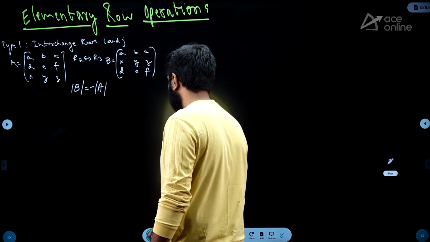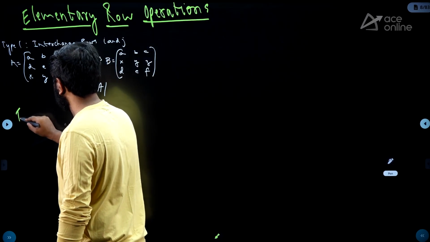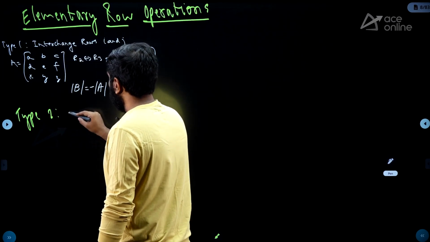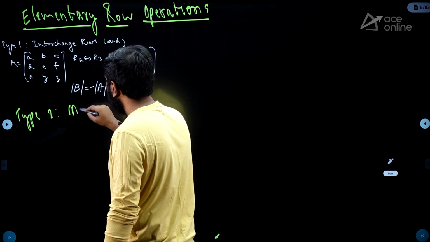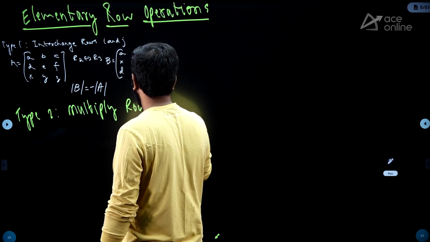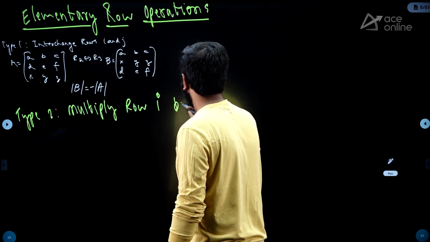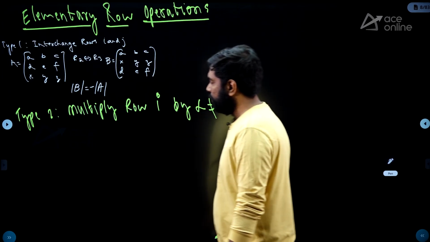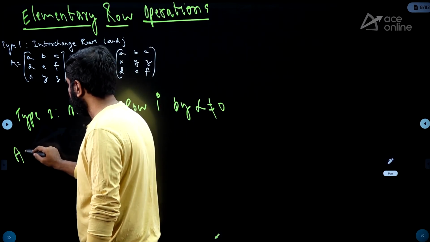What is type 2? Multiply row i by alpha, which is not 0. This is type 2. So imagine there is a matrix like this.